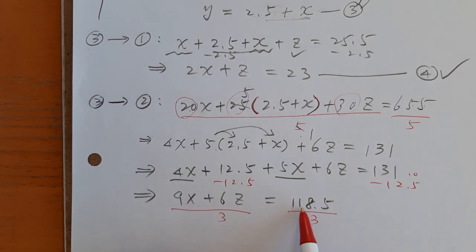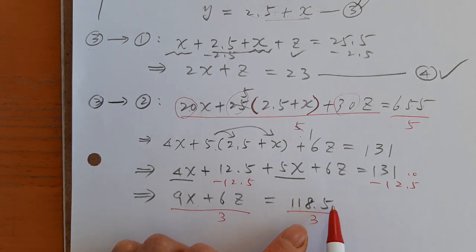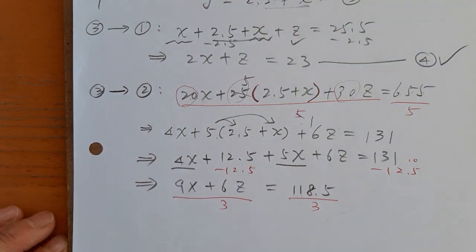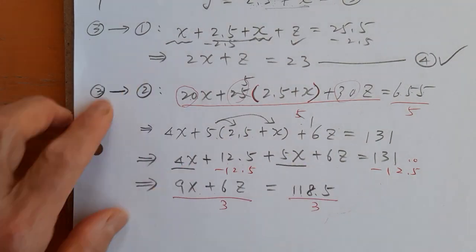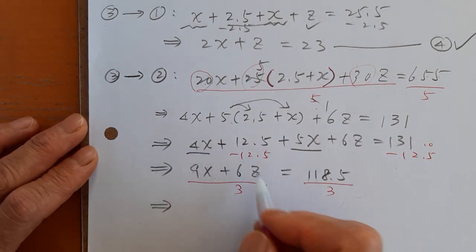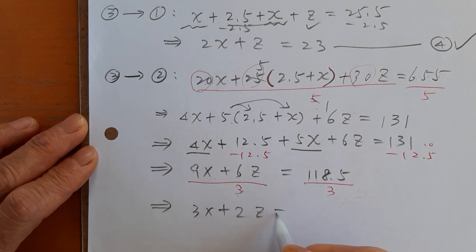Because 1 plus 1 plus 8 is 10, plus 5 is 15, and 15 is divisible by 3, the sum of digits is divisible by 3, so the number is divisible by 3. So we can divide it by 3. 9X divided by 3 is 3X, 6Z divided by 3 is 2Z, and 118.5 divided by 3 is 39.5.